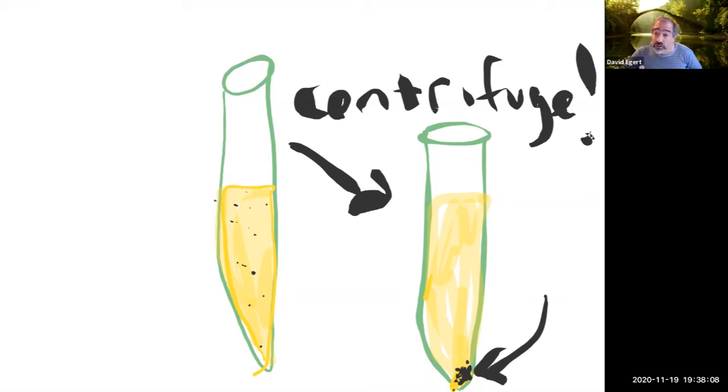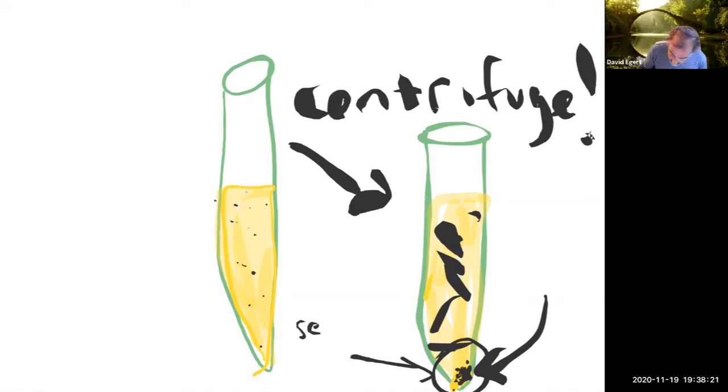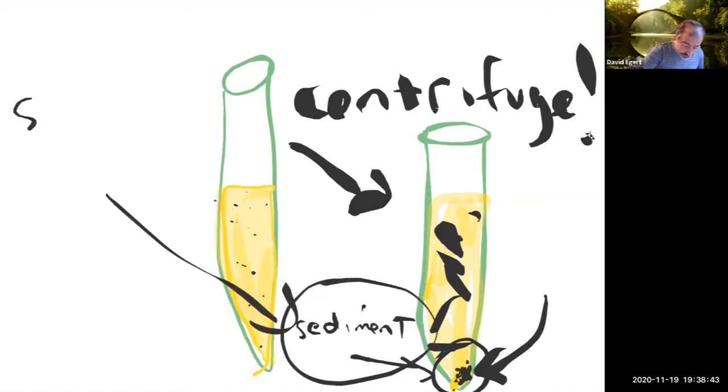Then you pour out most of this, and then you resuspend this. This is what we call the sediment. The sediment is this dissolved stuff in your urine, and it's another thing that is useful clinically to try to understand if you're healthy or not. So what you can do is then take this and look at it under the microscope. We call it sediment analysis.